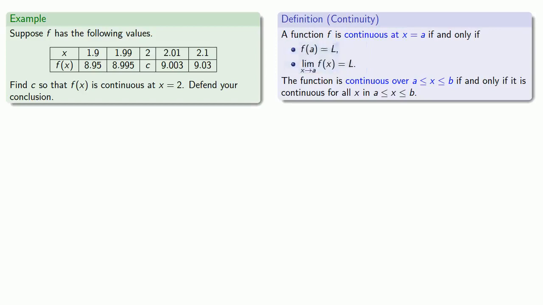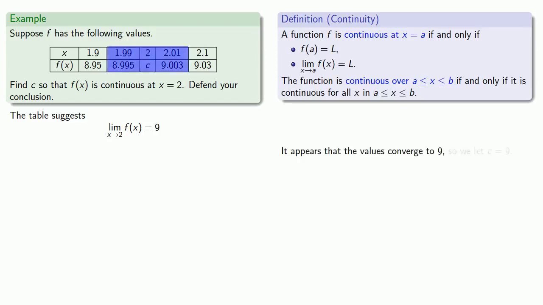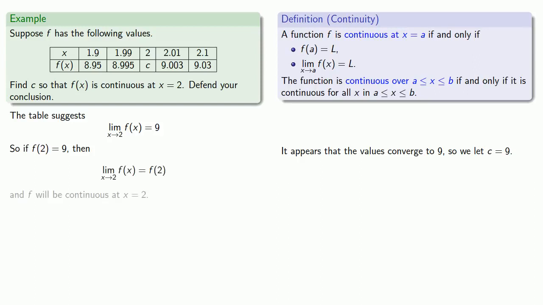So the first question we want to ask ourselves is, self, what's the limit as x approaches 2 of f of x? And the table suggests that the limit as x approaches 2 of f of x is equal to 9. So if our function value is equal to 9, then our limit as x approaches 2 and our function at 2 are the same, and so our function will be continuous at x equals 2.